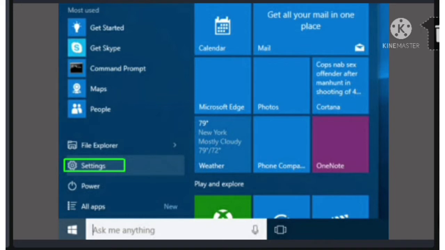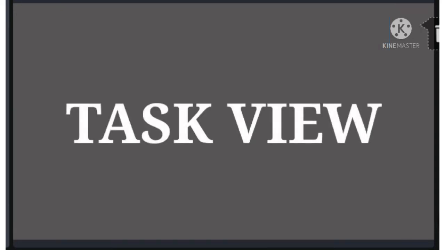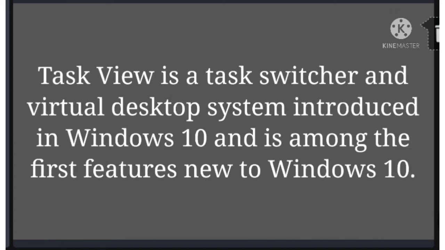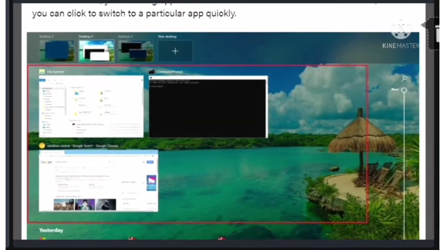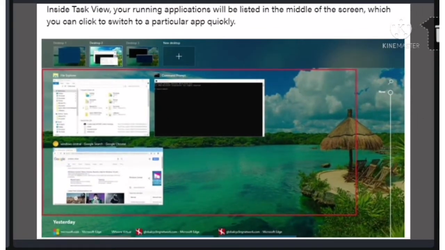The next feature is Task View, which allows you to quickly move within your open windows and applications. Yes children, it's mainly to organize the applications running on your computer. In Windows 10, you can create multiple desktops in which you can open different apps too.